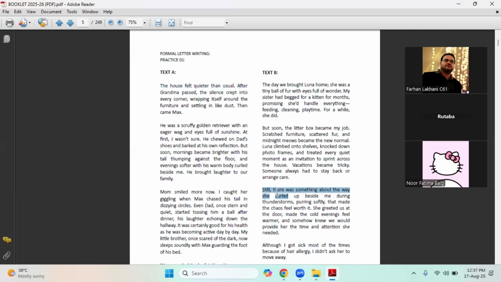Take from both these points, mention it as one. So don't repeat any point. But look for the advantages in both the texts and look for the disadvantages in both the texts.